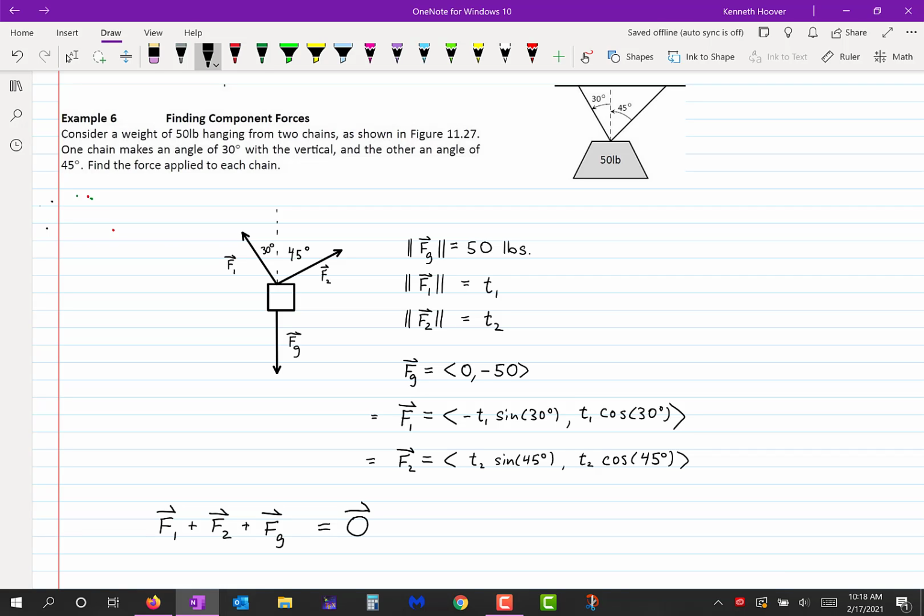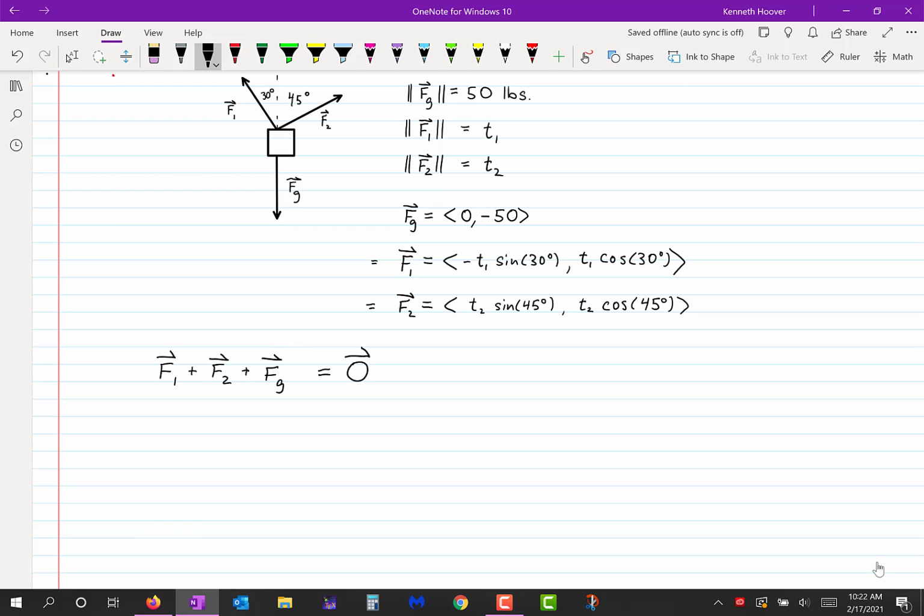The fact that it's hanging still means it's not accelerating, which means there's no net force acting on it. So that's why I wrote that the sum of the individual forces has to equal 0. Another way to say it is that those three forces cancel each other out. Okay, so let's write that out.